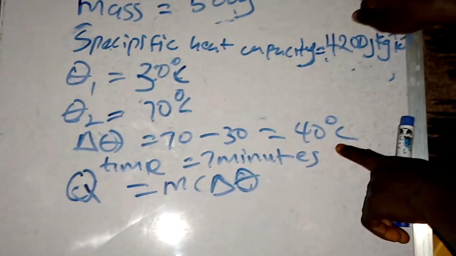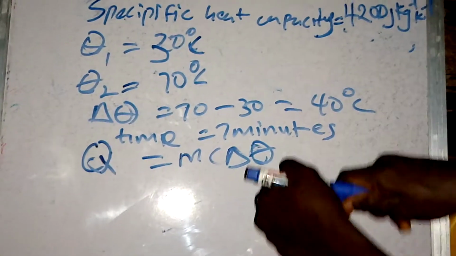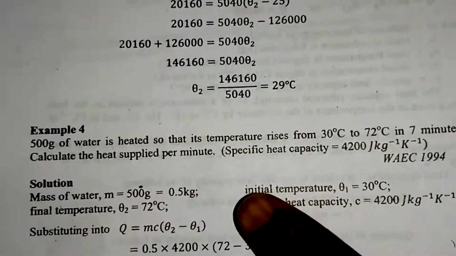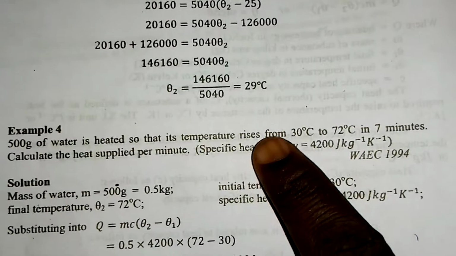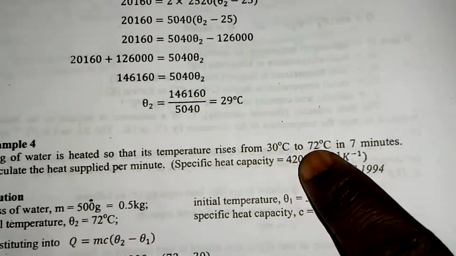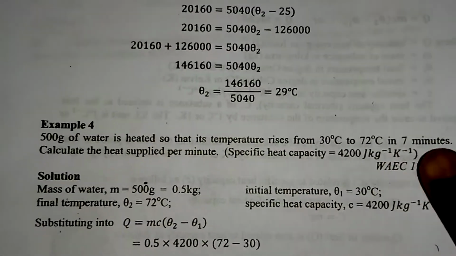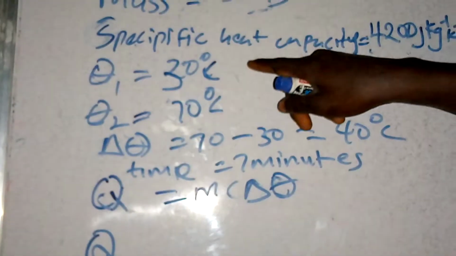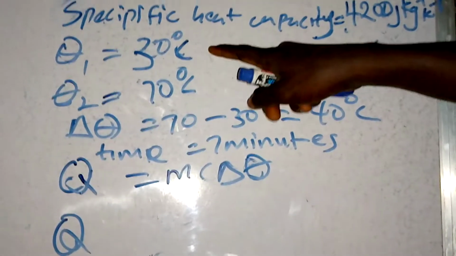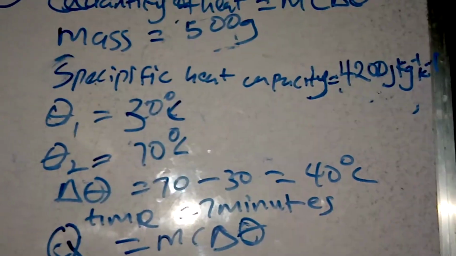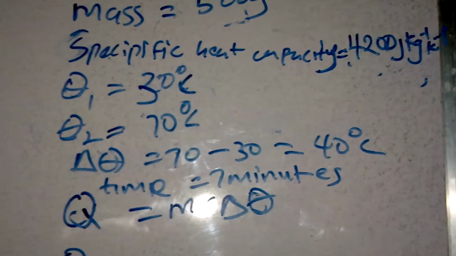So we need this in our formula. The temperature rises from 30 degrees Celsius to 70 degrees Celsius in 7 minutes, and the question asks us to calculate the quantity of heat supplied per minute.